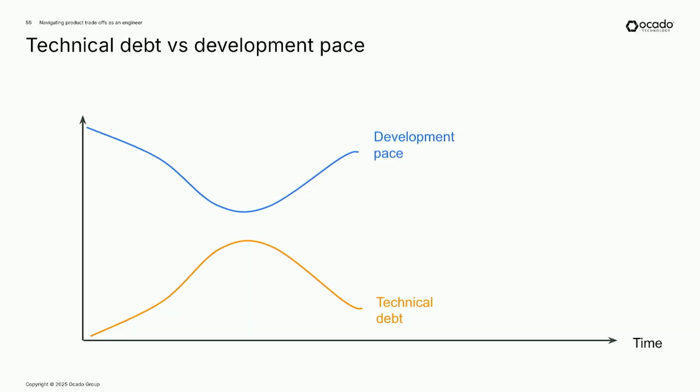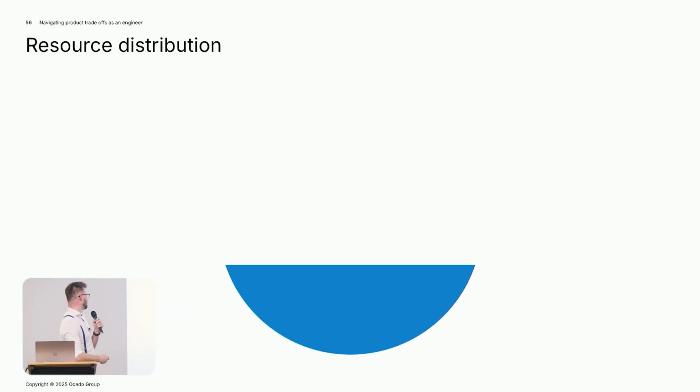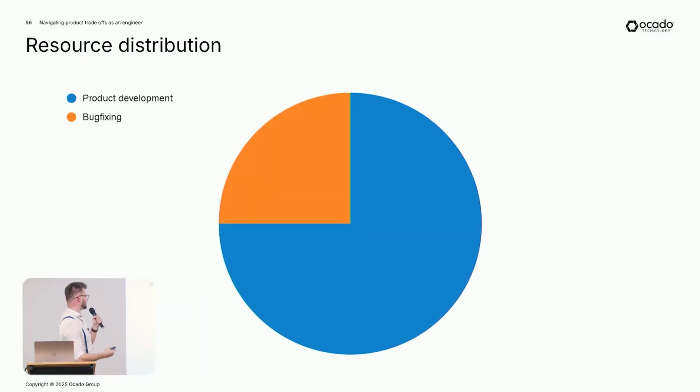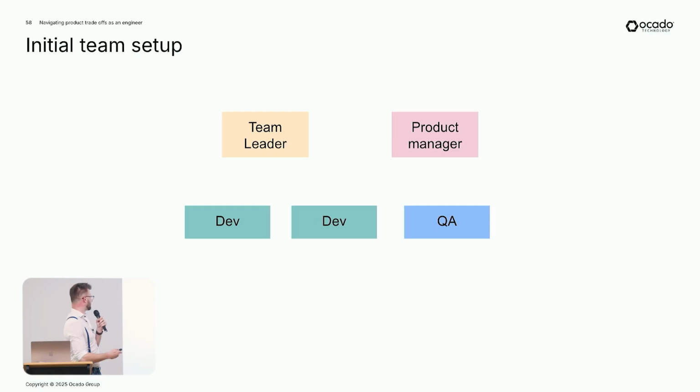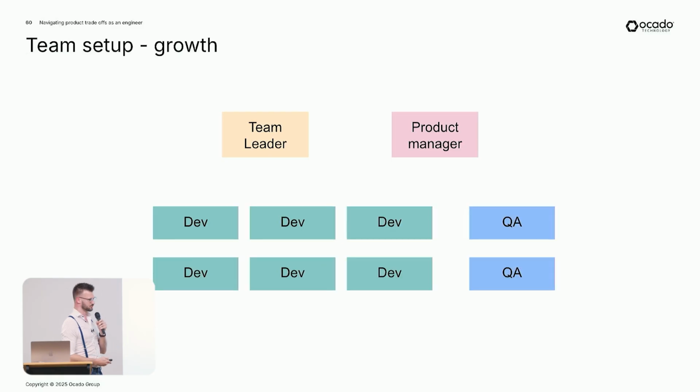We were able to reverse the negative trend on time before the costs of maintenance really overloaded the budget. In this case, the resource distribution was the other way around because of the refactoring. Bug fixing was not the problem, and we could spend much more money on product development. As a result, this project grew really well, and from the initial setup, it grew and grew and grew.